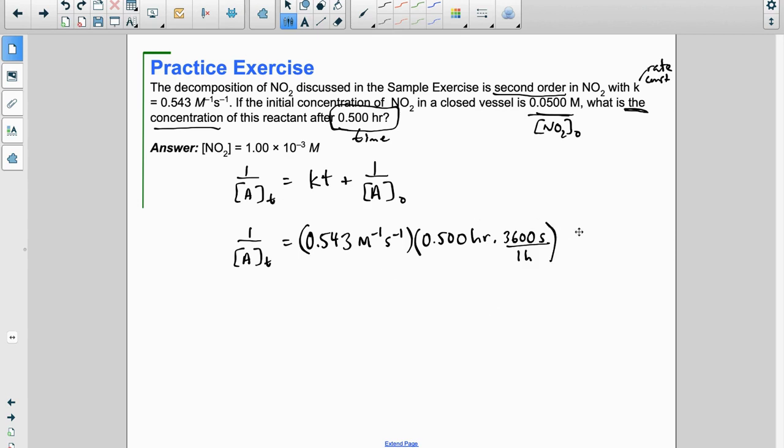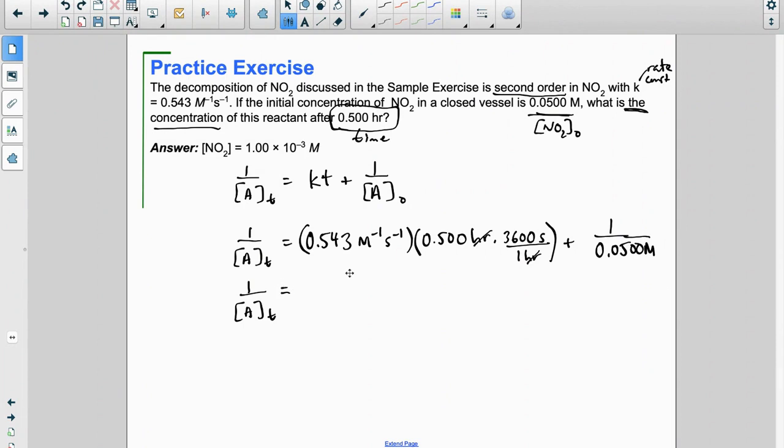So there's my t, converted to seconds, plus 1 over my initial concentration, 0.0500 molar. Now I can just multiply these out and figure out what my 1 over A is.